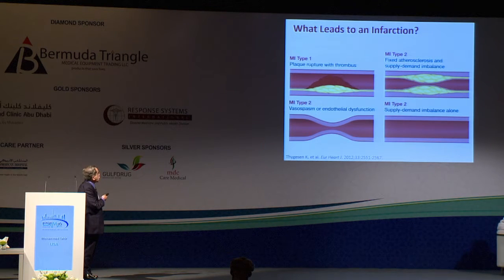And not only do you have a rise and fall, there is a history which is very suggestive of ischemia. There are ST changes or a new onset of a left bundle branch block on an EKG.